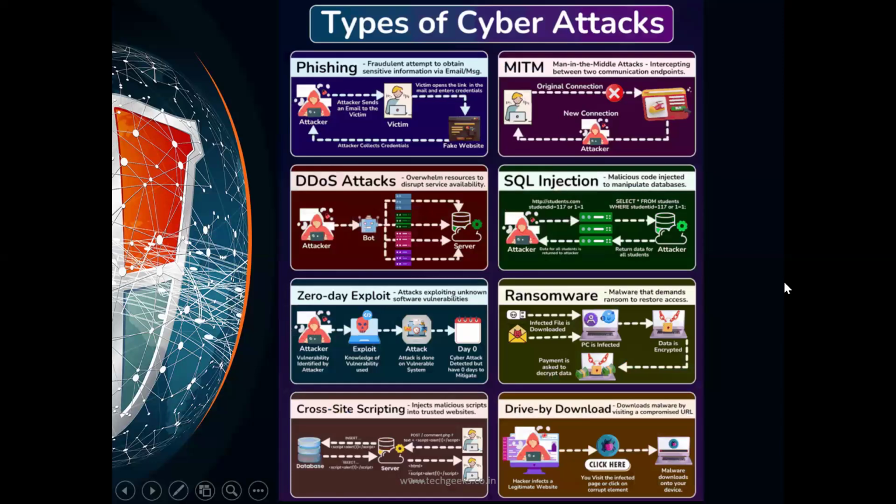Several different phishing attacks may happen, trying to get a username, password, credit card information, and so on. Man-in-the-middle attacks, where the user can be intercepted on the network and access to the data can be gained. DoS attacks, SQL injections, zero-day exploitations are possibilities. Ransomware is again the most common attack.